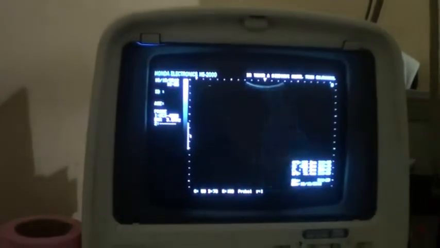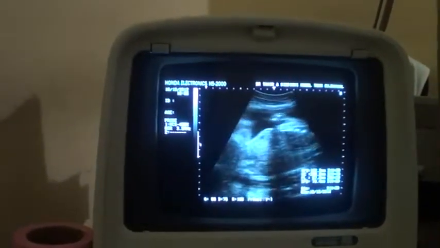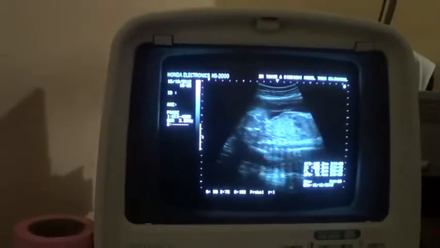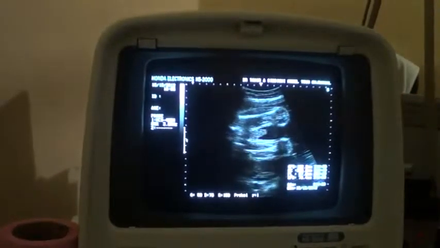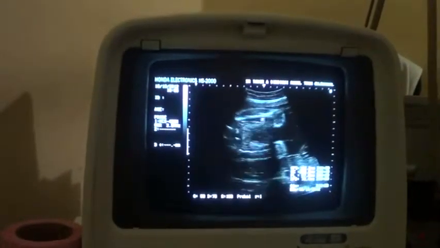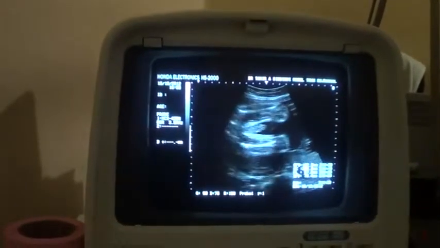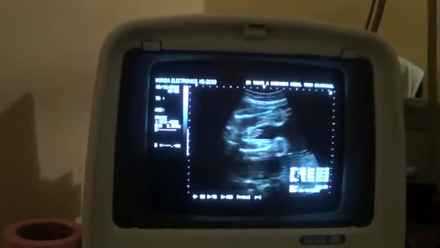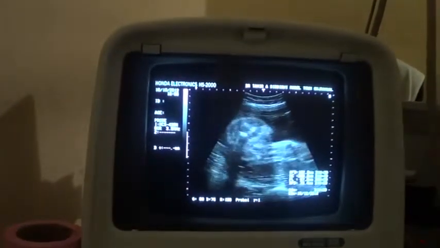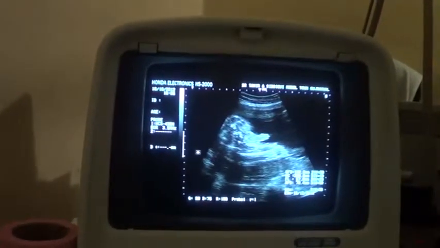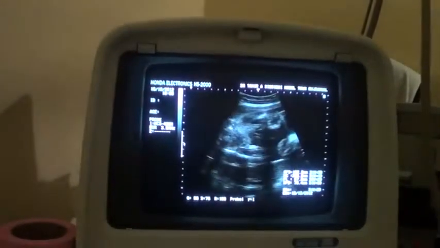and let's see if there is any anomaly relating to the limbs. Now this is the femur. This is the femur, and this is the femur. This is the sex of the patient. The fetus, it is a penis. Now you see that this is the penis. So it's a male fetus.